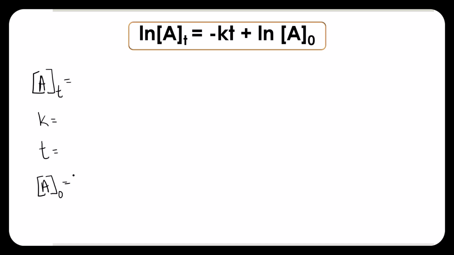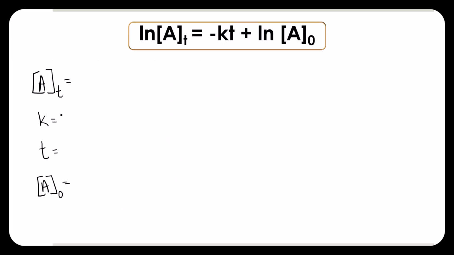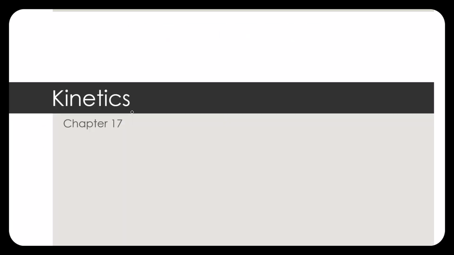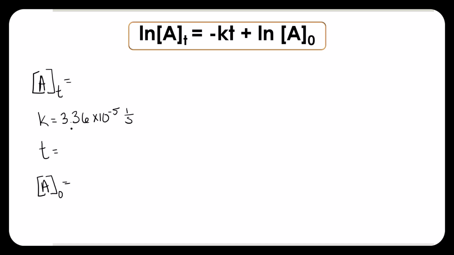So let's read back through the problem. Reaction is first order, has a measured rate constant, so that is k, 3.36 times 10 to the negative fifth. And that is 1 over seconds, or seconds to the negative 1. If the initial concentration is 0.0445, so that is the concentration at time 0, the initial.